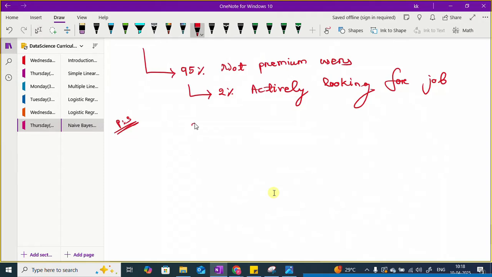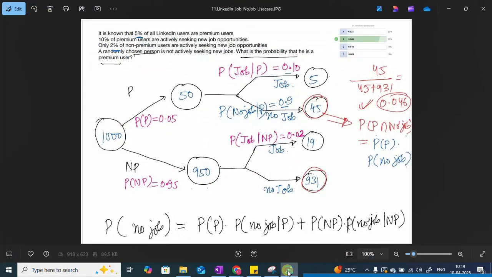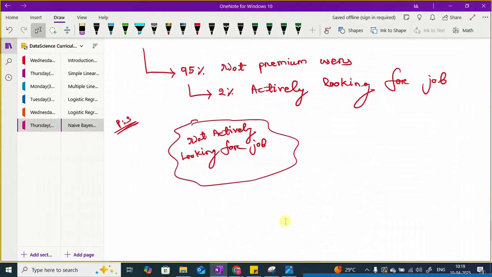So this is the event, not actively looking for a job, and I have to find out its probability. What is the condition? What is the probability that he is a premium user? So the condition is he is a premium user.